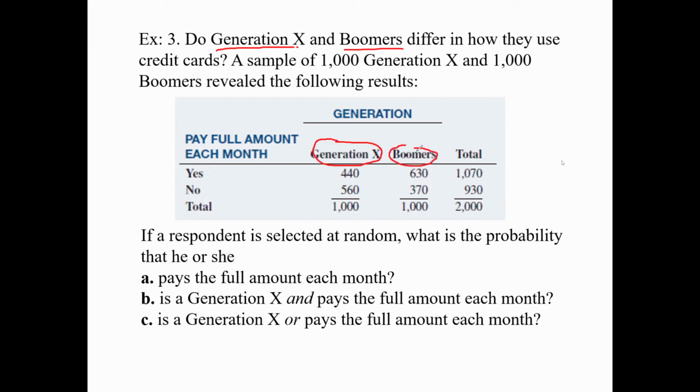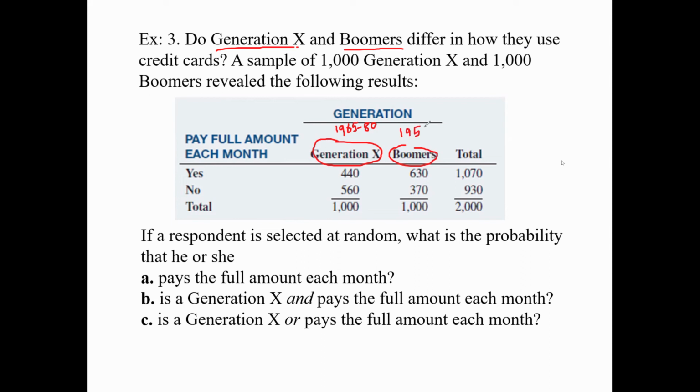Generation X means the people who are born in the 1970s, normally between 1965 to 1980. So they are known as generation X. Boomers means those people who are born during the population boom, during 1955 to 1964.